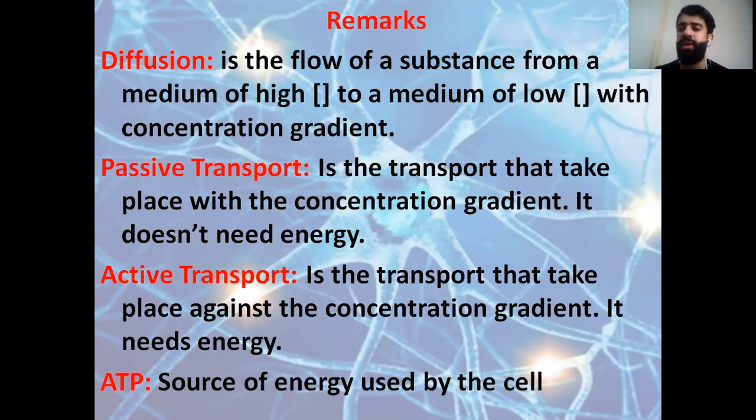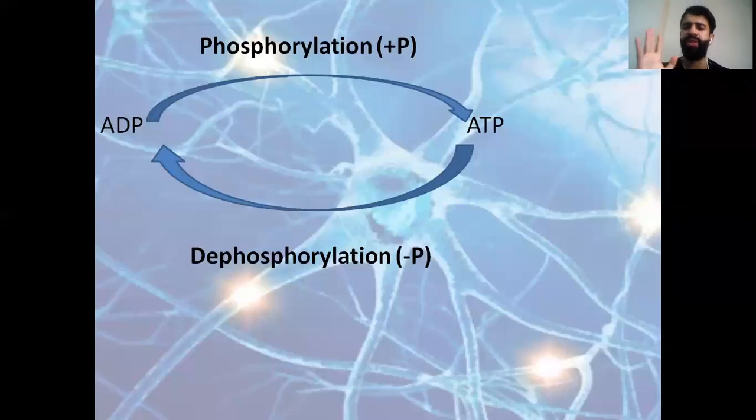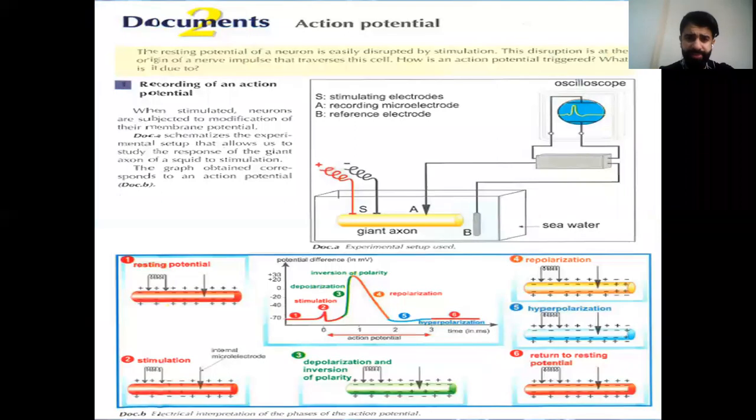Also, we said that ATP, adenosine triphosphate, is the source of energy used by the cell. The ADP, upon phosphorylation, becomes ATP, and ATP, upon dephosphorylation, when we remove the phosphate group, becomes ADP.